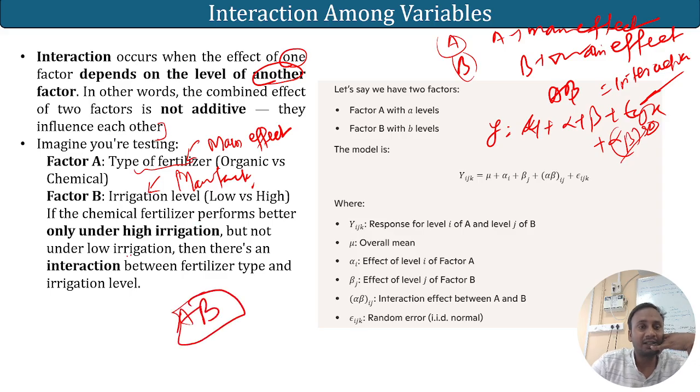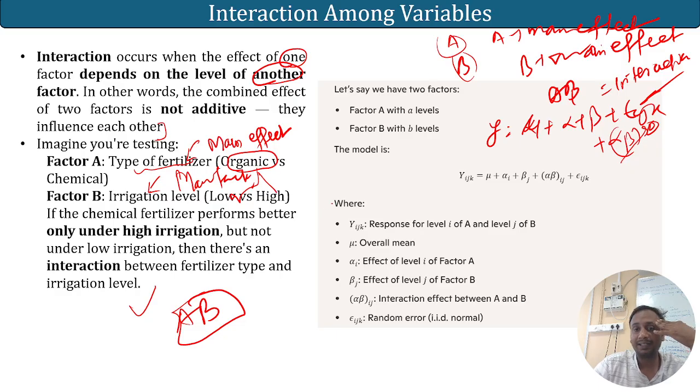We check whether the chemical fertilizer performs better under high irrigation, and whether organic performs better with high or with low irrigation. So interaction is there; one is influencing the second. But not under low irrigation, so there is an interaction between fertilizer type and irrigation level.